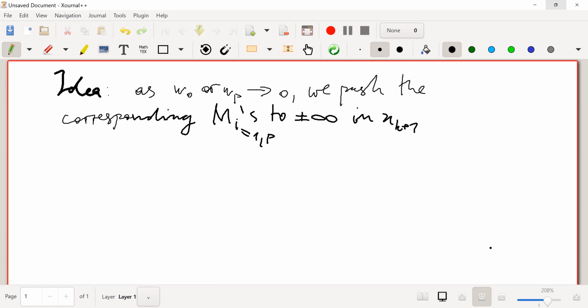I mean, for instance, if I have M2. So you want the full equivalence relation. Let's write it down.